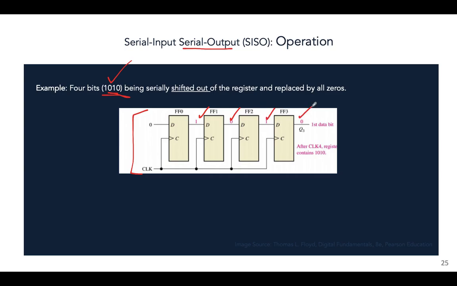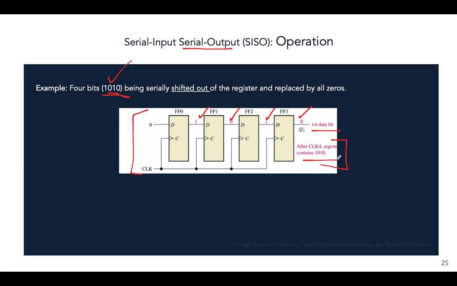So when we're going to be taking out the data, this is going to be the first bit. This is the bit that was inputted into the register after the application of the first clock pulse. So this is the first data bit that entered the register, and this is going to be the first data bit that will exit the register. So after the 4 clock pulses, the register contained 1010.